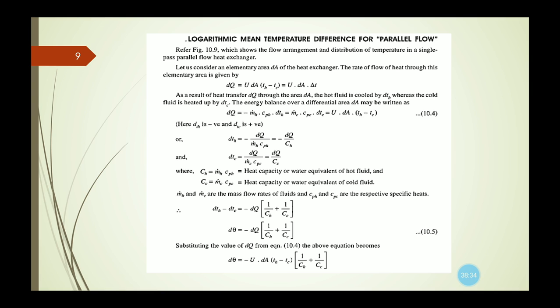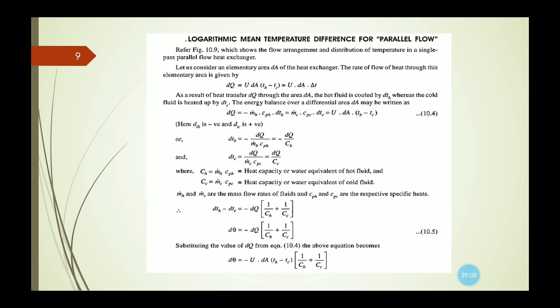In a similar manner, we can write dTc equals dq by Cc, the heat capacity or water equivalent for the cold fluid. Now dTh minus dTc can be rearranged, and ultimately we can write d theta equals minus dq times 1 by Ch plus 1 by Cc.